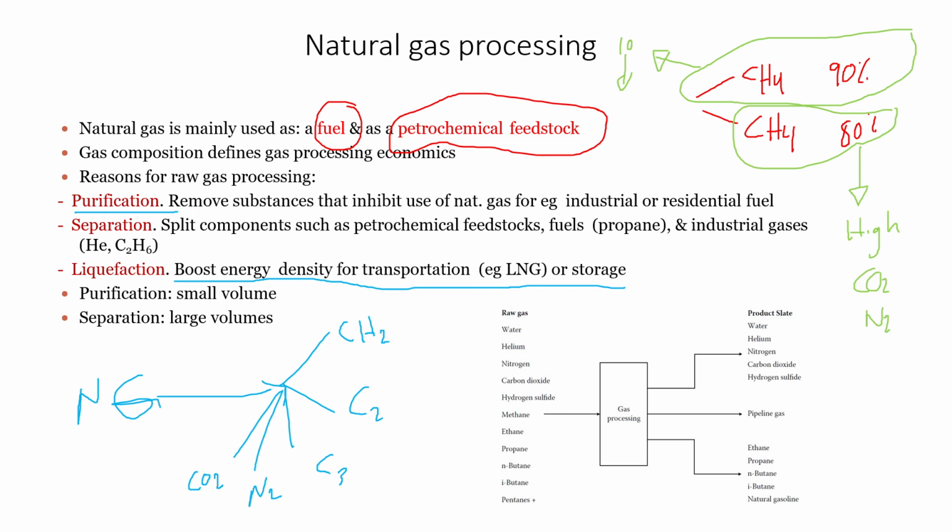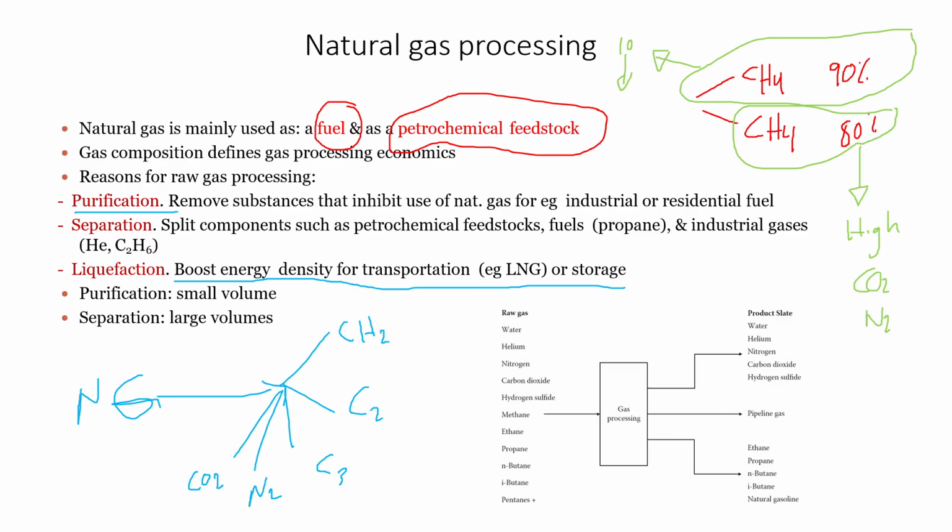So when we talk about liquefaction, you convert the gas into liquid to reduce the volume of gas that needs to be transported or stored, and this means that you are in fact concentrating the energy in a small quantity of gas instead of a large quantity of gas in the gaseous phase.